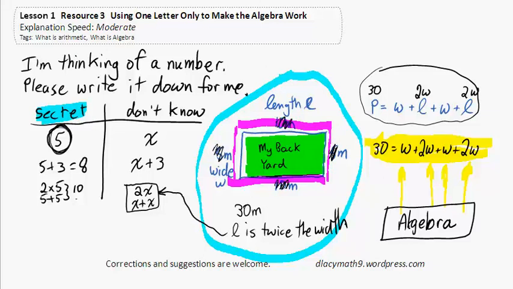You could still figure it out. The trick is to write everything in terms of one letter. Usually we would call that one variable.